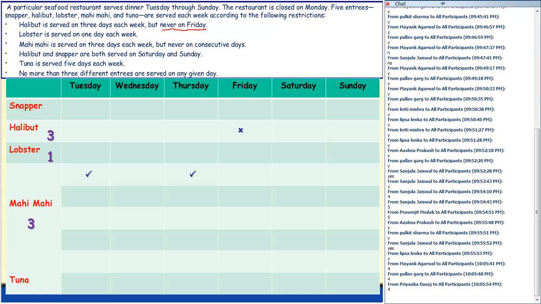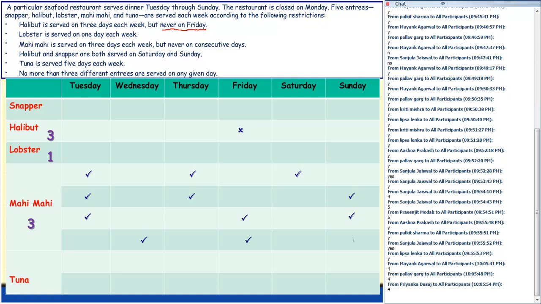So there are two cases: Tuesday, Thursday, Saturday, and Tuesday, Thursday, Sunday. I can also start with Tuesday, then Friday, and then Sunday. And then the last possibility is Wednesday, Friday, and Sunday.